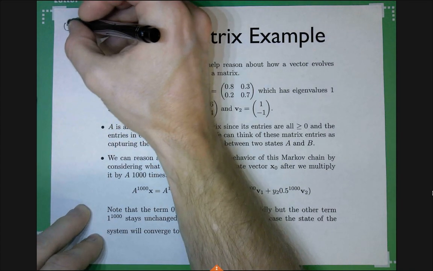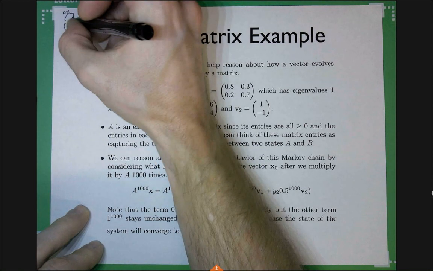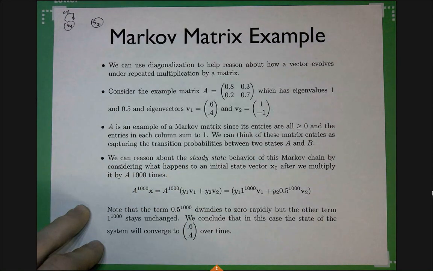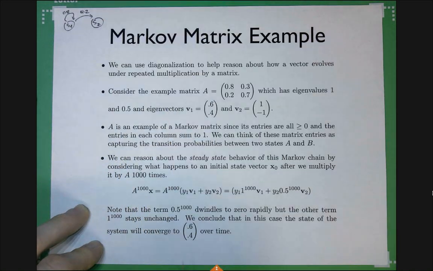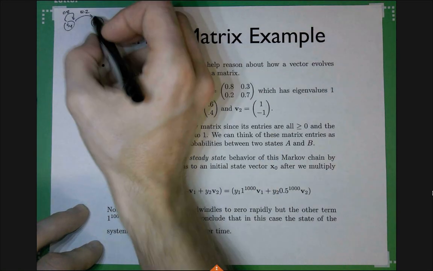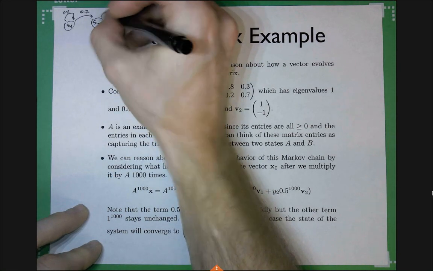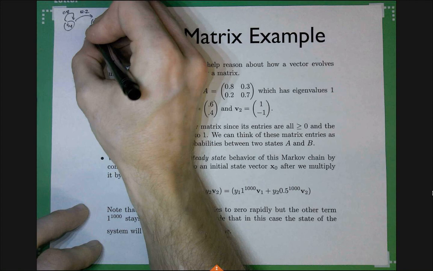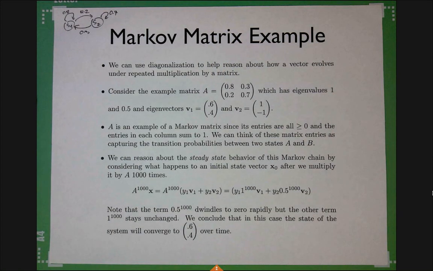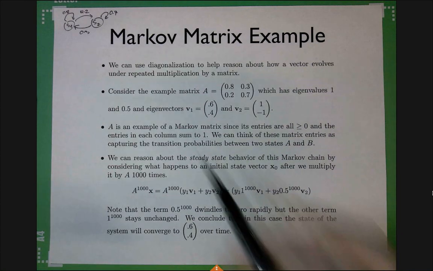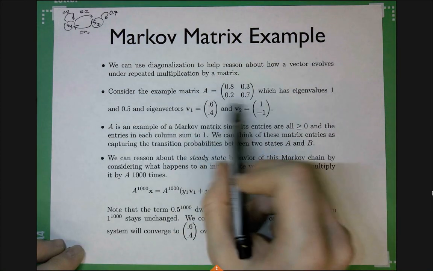If I'm in state S1, with probability 0.8 I will stay in state S1, and with probability 0.2 I will switch to state S2. Similarly, if I'm in S2, I have probability 0.7 to stay in that state, and probability 0.3 to switch back to S1. So this is the system that's represented by this matrix.